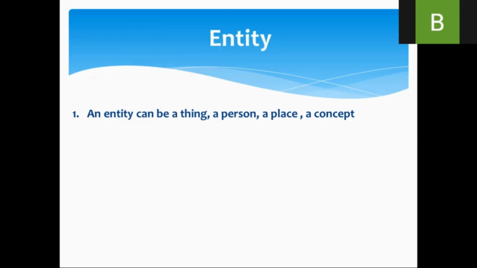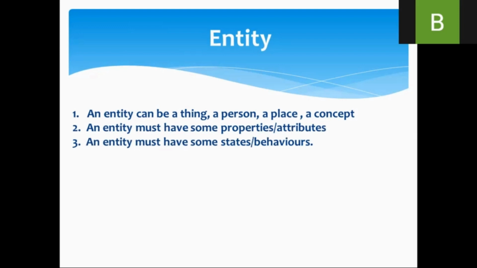Examples of a person entity can be an employee, teacher, student, administrator, or manager. Now I will tell you more about the entity. An entity must have some properties or attributes in the real world, and an entity must have some states or behaviors.